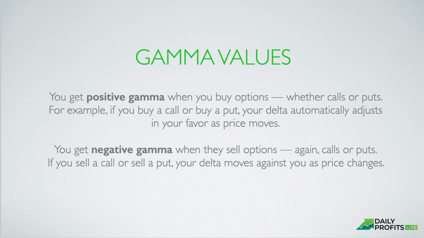And so as they take those trades, they either acquire positive gamma or negative gamma, and that helps them figure out how they need to hedge to make sure that their portfolio as a whole stays delta neutral.